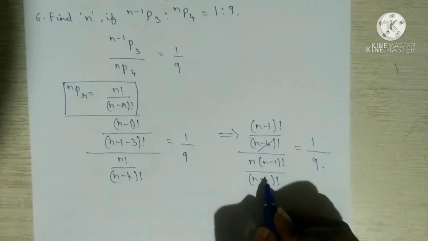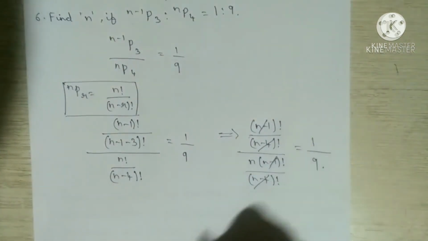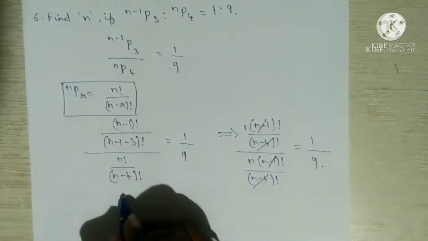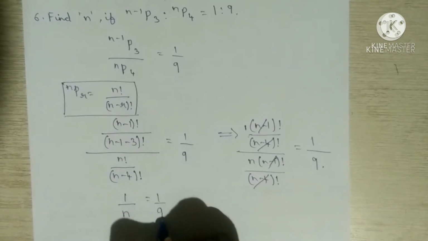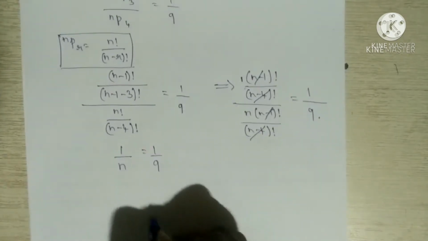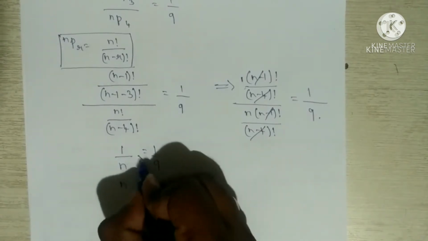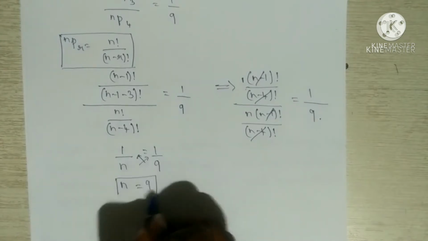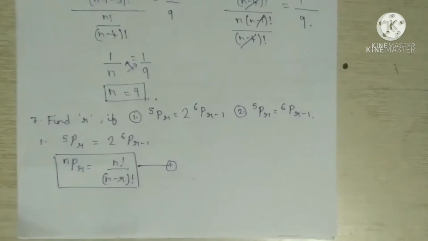Here (n-4) factorial and (n-4) factorial cancel, (n-1) factorial cancels. This will become 1 by n. Then 1 by n is equal to 1/9. Then cross multiply, where n is equal to 9. Value of n is equal to 9.